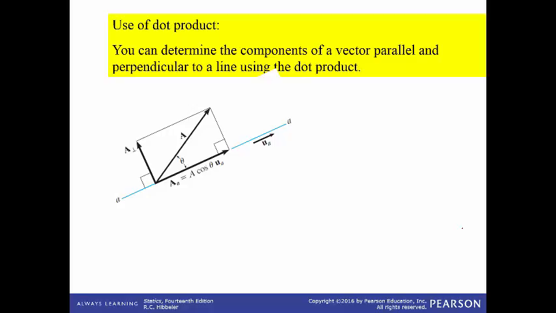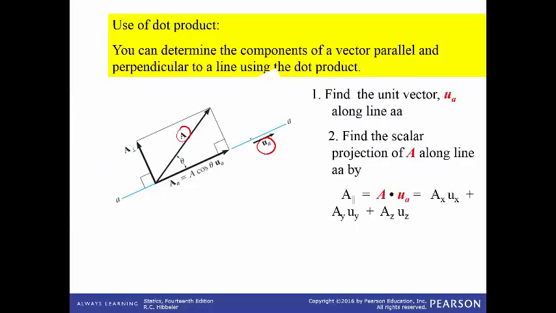Here we have vector A, and now we have a unit vector UA. Whenever you have this unit vector and the vector A, you can find the projection of that vector on any axis.